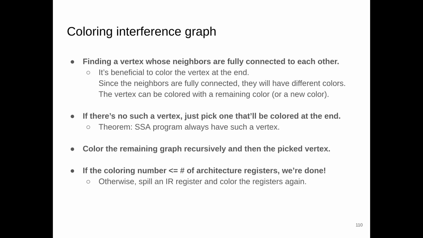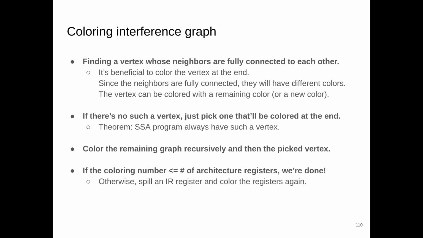And if the coloring number is less than or equal to the number of architecture registers, then we are done. We can just map all those vertices, which represent IR registers, and we can give an architecture register to all of them. And we have a property that from the coloring constraint, if register R1 interferes with register R2, they are mapped to different architecture registers, and therefore they can coexist in the CPU.